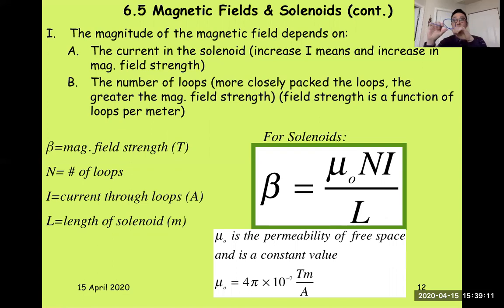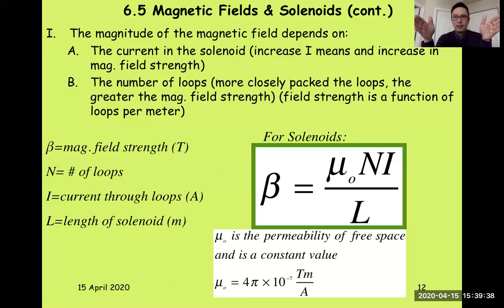Or I can make a whole bunch of smaller loops with the same length of wire, and compact them into a smaller area. The closer these loops are to one another, the stronger the magnetic field is going to be. That's why it's divided by L, the length over which those loops are distributed.